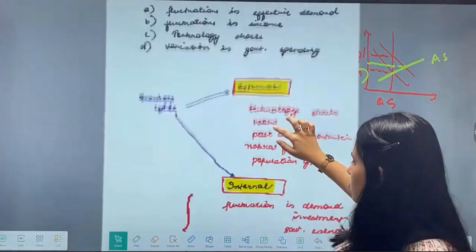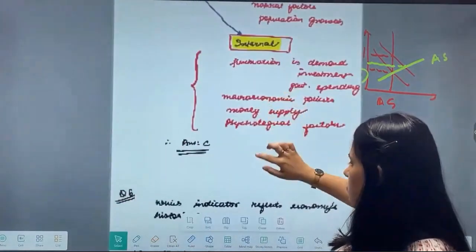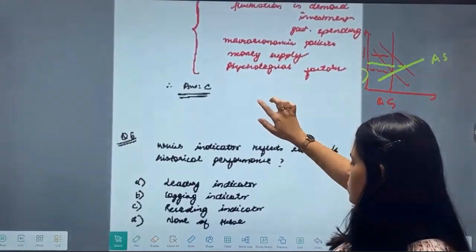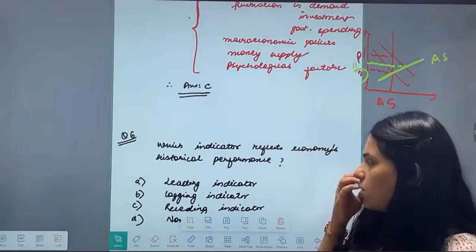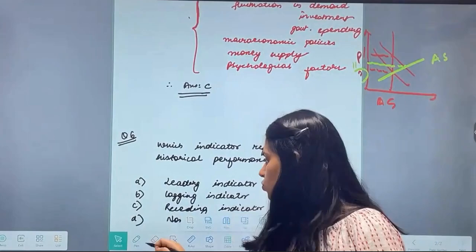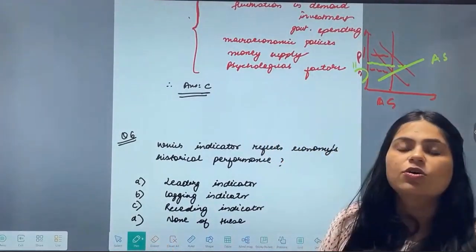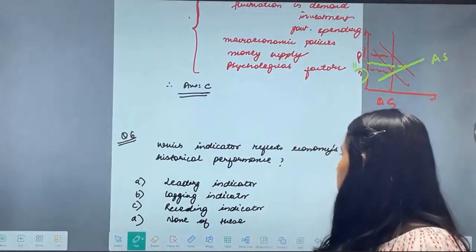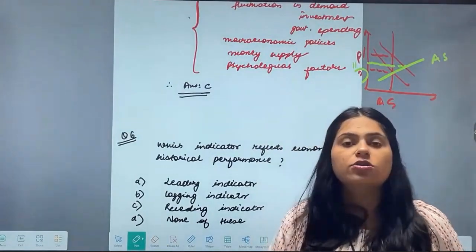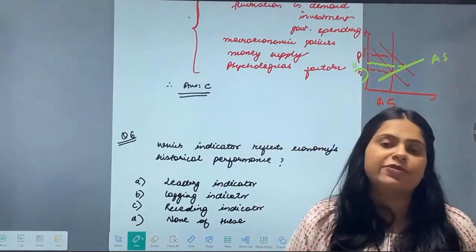So taking you to the next question. Okay, beta. Again related to business cycle, it says which indicator reflects the economy's historical performance.